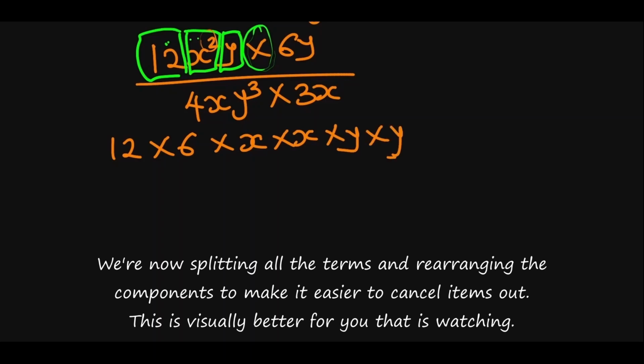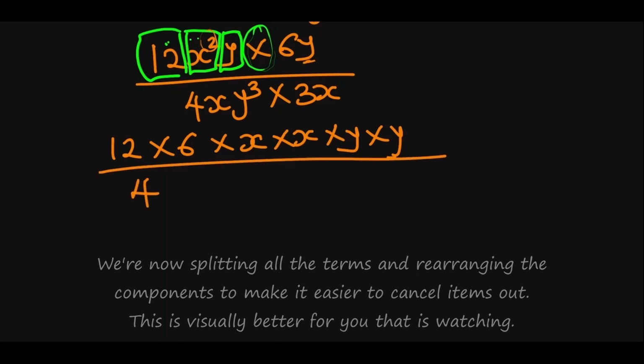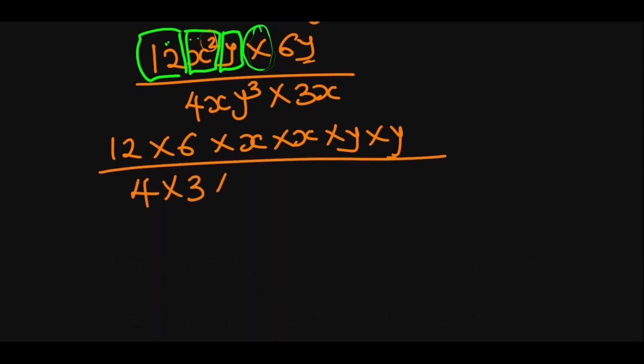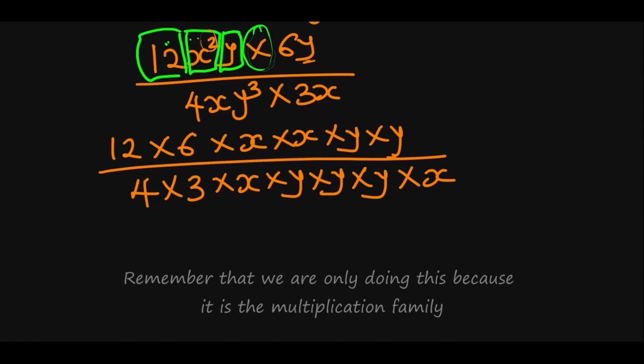This other y is from the 6y that we split, over 4 times 3, then times x times y times y times y times x. Okay, so we've represented everything, but we've now expanded and made them individual. This is just to make it easier for us to cancel out and then know what is left.